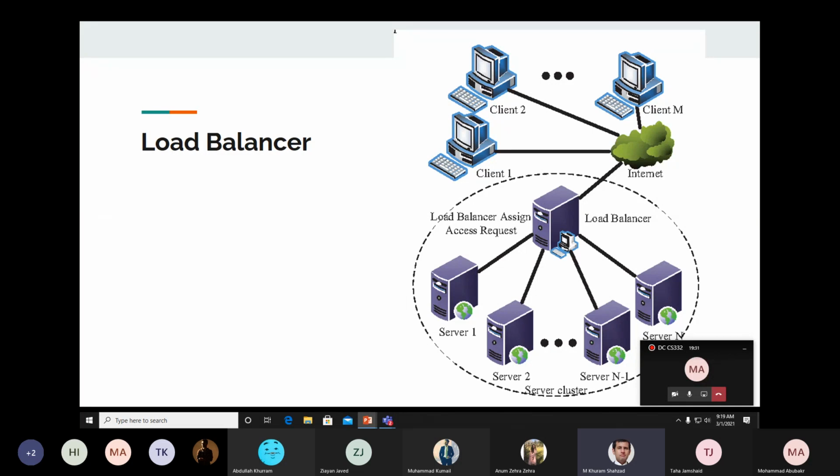So how are we doing this here? There are multiple clients, like M clients in this case. They are sending their jobs over the internet, which connects you to some server like the YouTube server, Facebook server, or Google server. So where is the load balancing?